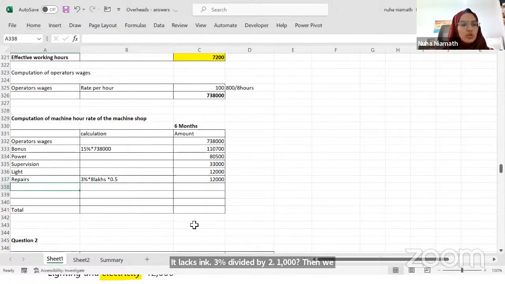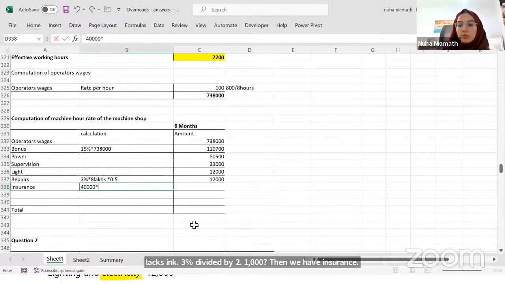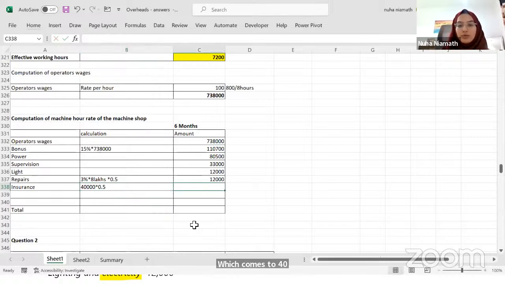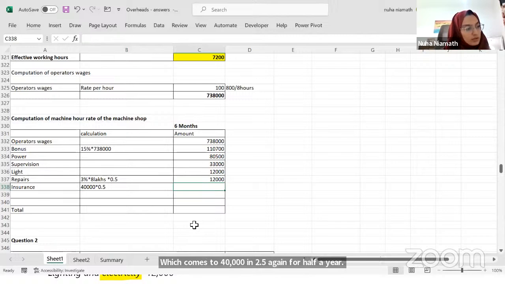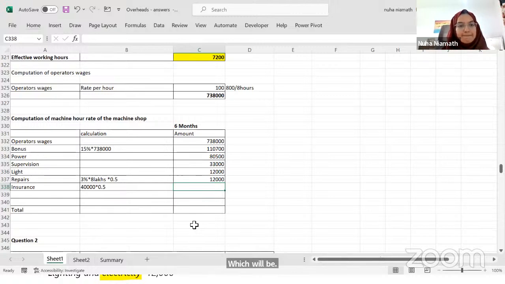Then we have insurance, which comes to 40,000 into 0.5, again for half a year. 40,000 divided by 2 is 20,000.